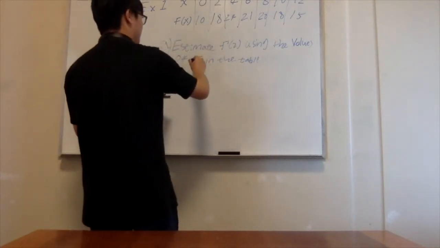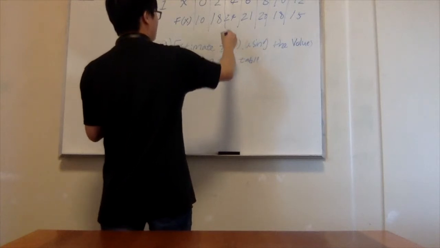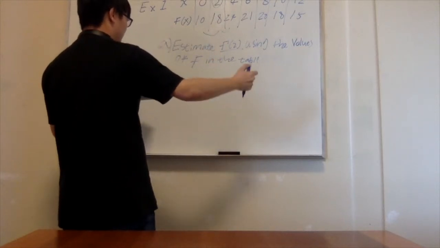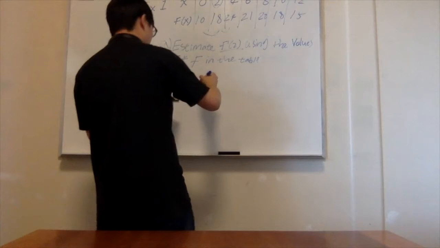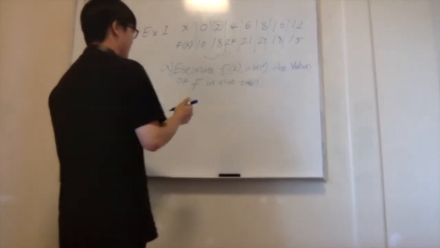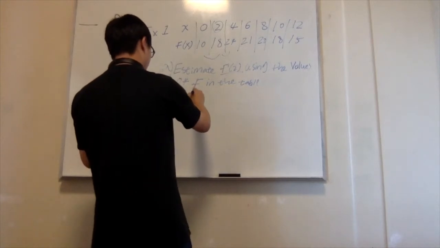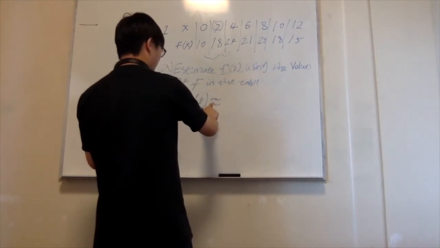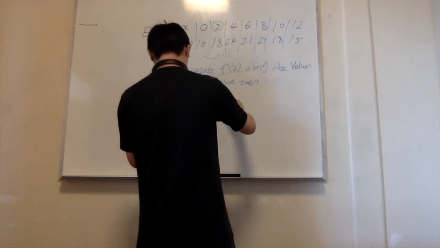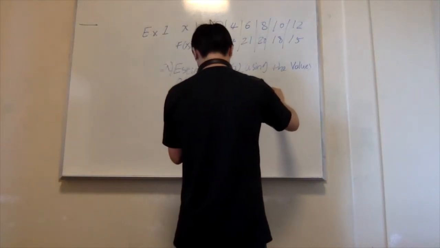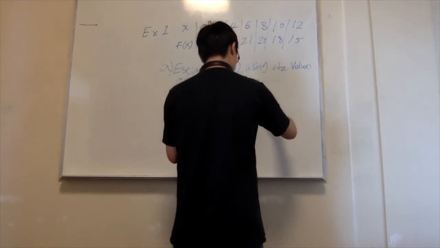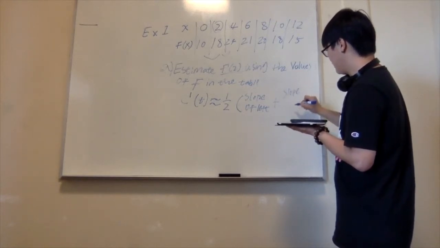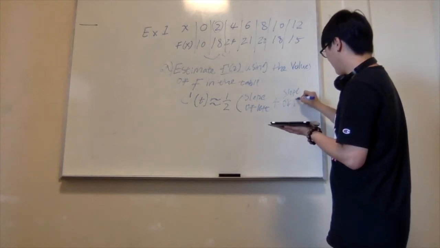Because for f prime of 2 we have to find two slopes to get an accurate derivative, our formula is C prime of T estimate equals 1/2 times the slope of the left plus the slope of the right.